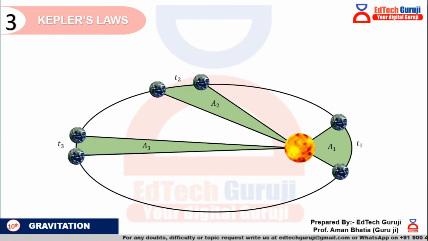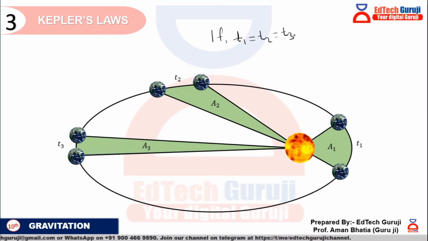Now what is Kepler's second law? Here, if I put a condition, if t1 is equal to t2 is equal to t3, that means I have given equal amount of time, let us say it is equal to t, then the area swept by the line joining the planet and the sun will also be the same.